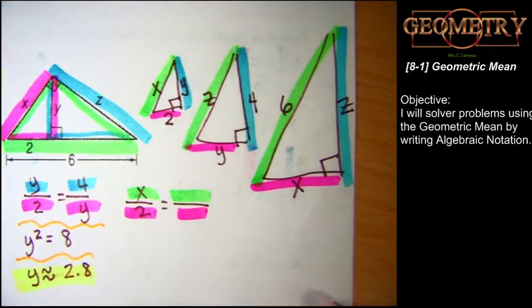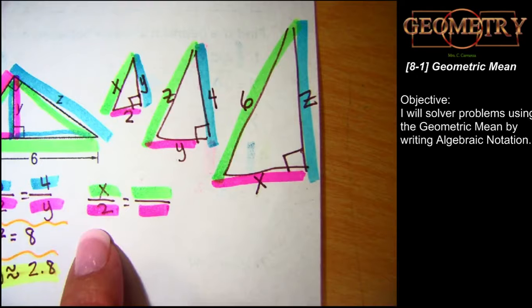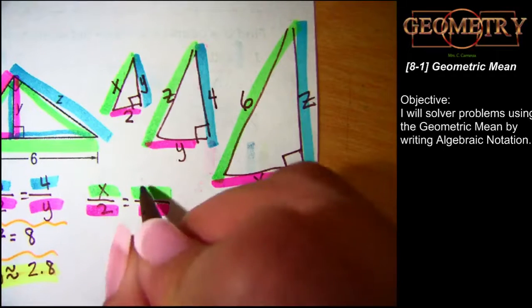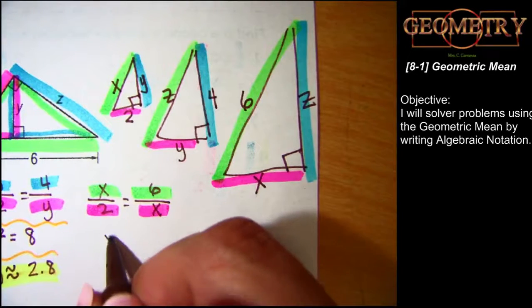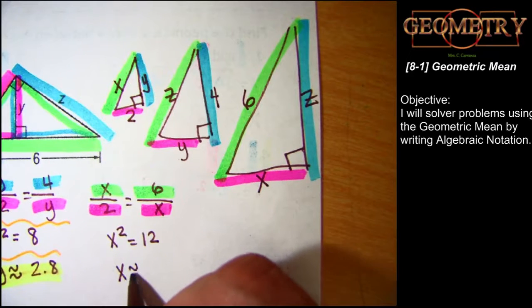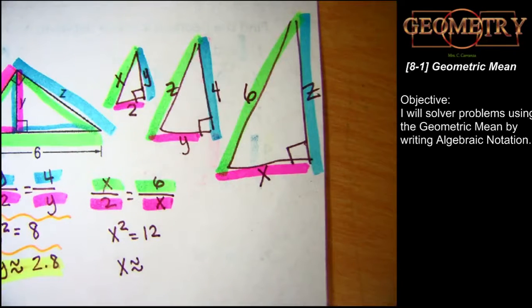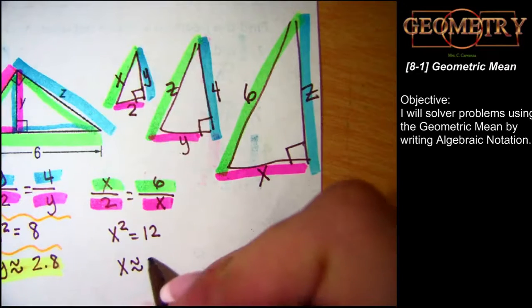Which one has information with X on it? In the green and the pink sides. The big one. All right, cross multiply. And what is the value of X? 3.5.